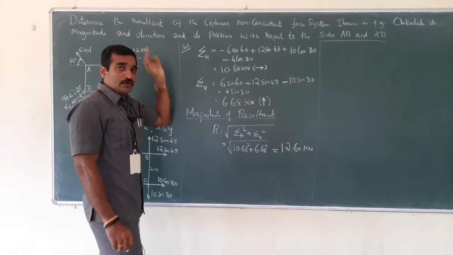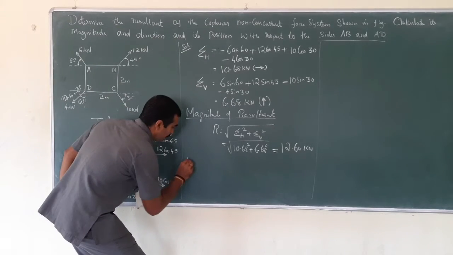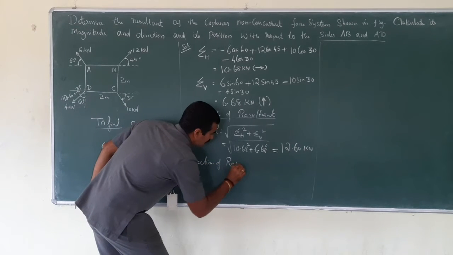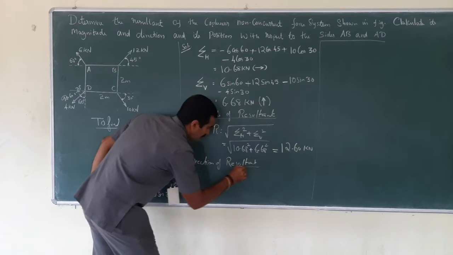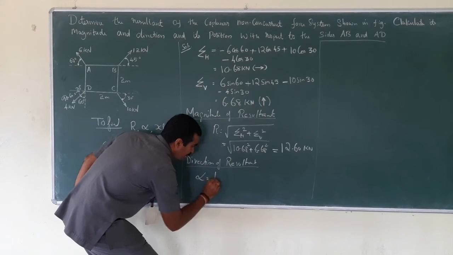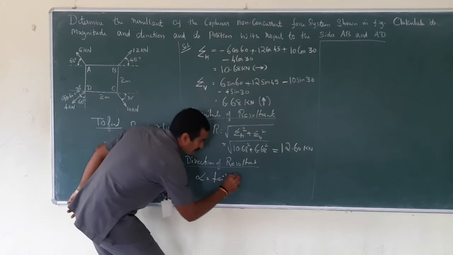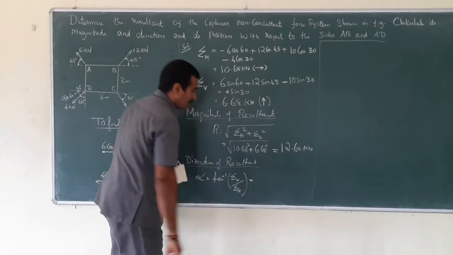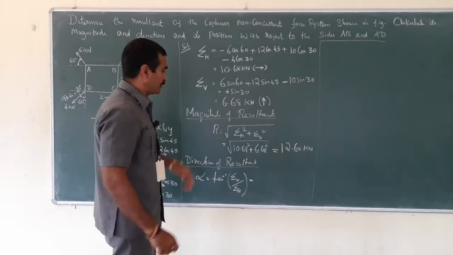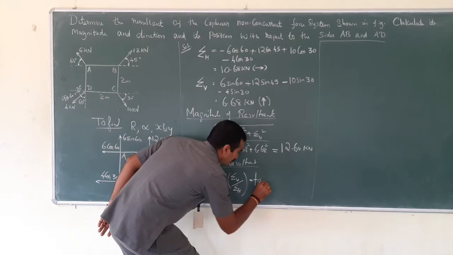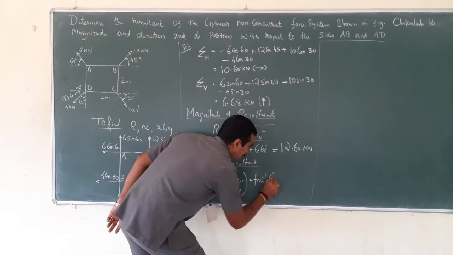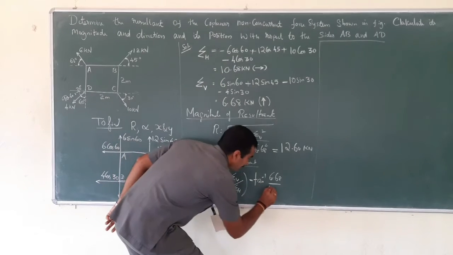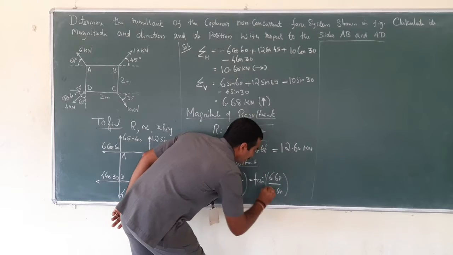Let me calculate the direction of the resultant. The formula is alpha is equal to tan inverse of summation V by summation H. Substituting these values, that is tan inverse of summation V, 6.68, divided by summation H, 10.68.